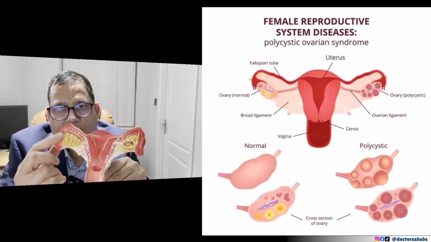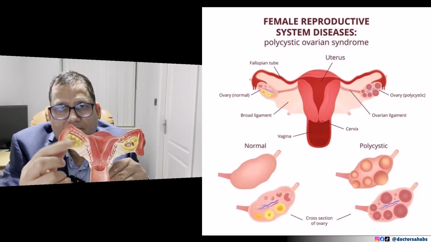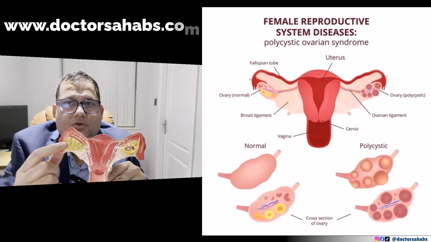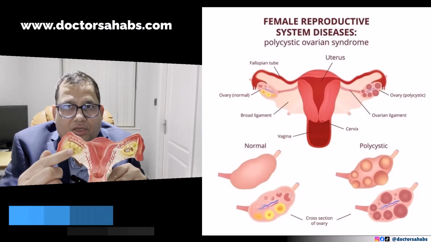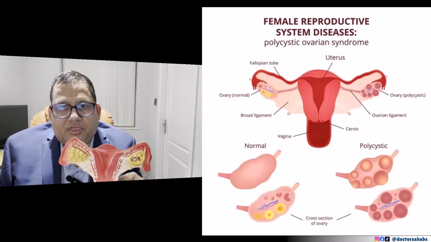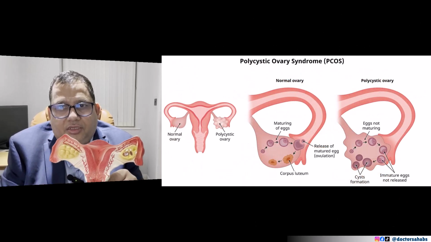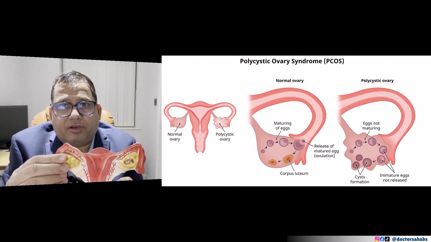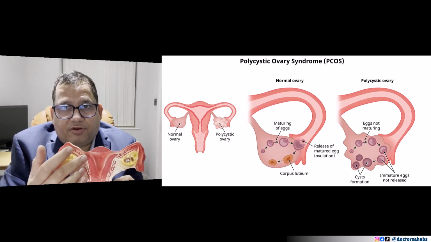So this model is basically telling you that this is a model of polycystic ovarian syndrome. This patient has multiple cysts in the ovaries, which means this patient is experiencing an irregular period, because large polycystic ovaries interfere with the menstruation.